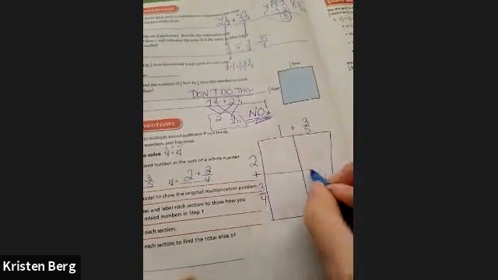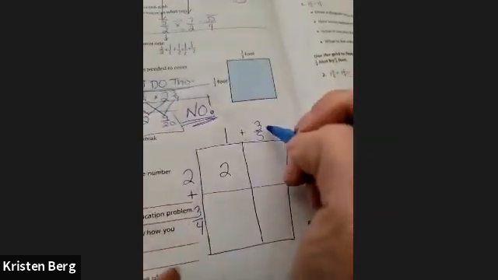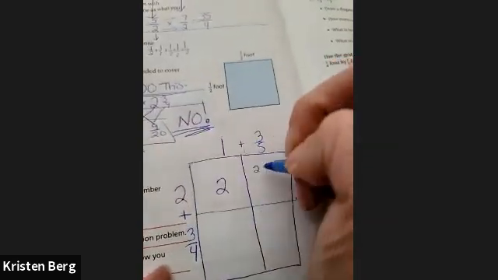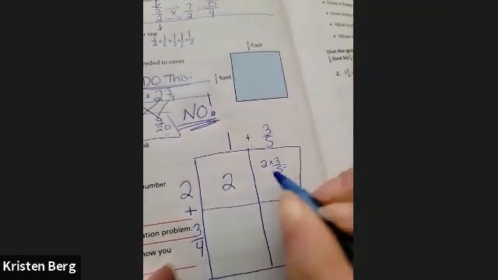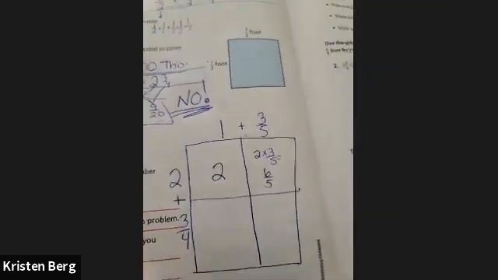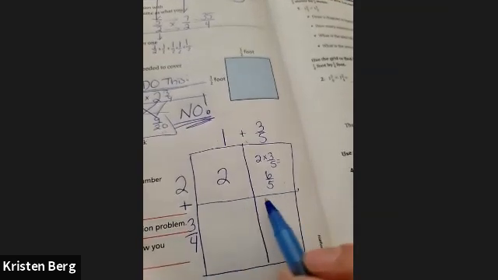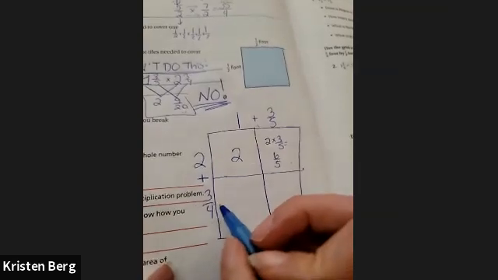Okay, so then what you have to do next is multiply each of these. So 2 times 1 is 2. Then you would do 2 times 3/5, which comes out to be 6/5. We'll keep it like that right now, and then we'll change it up later. And then here, 3/4 times 1 would be 3/4.